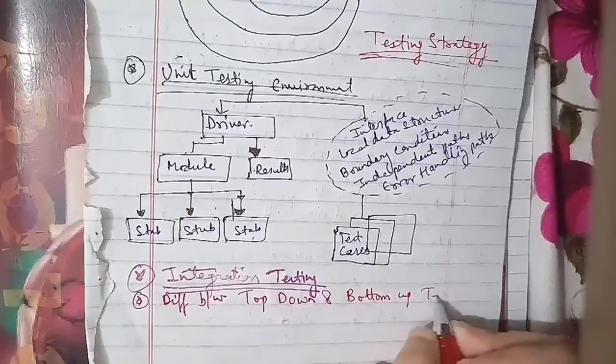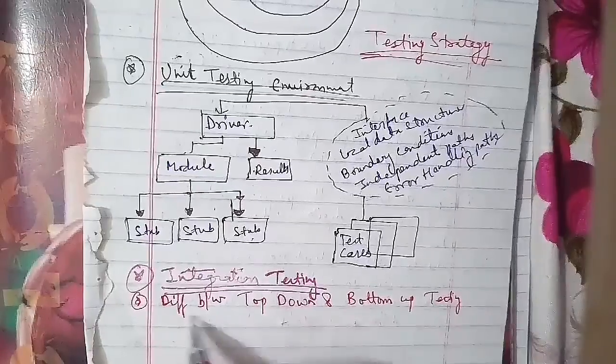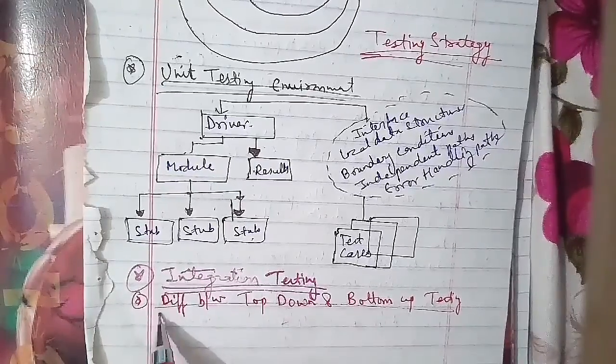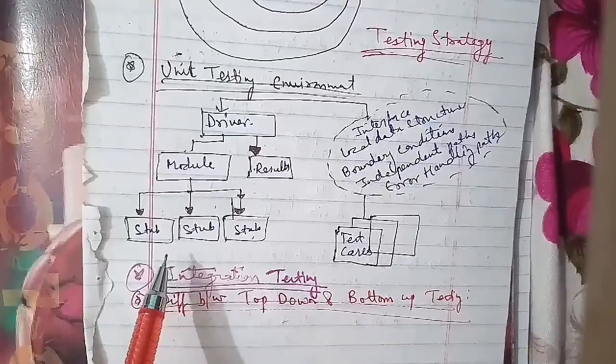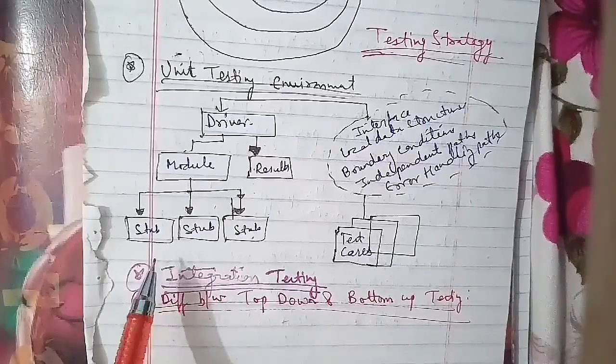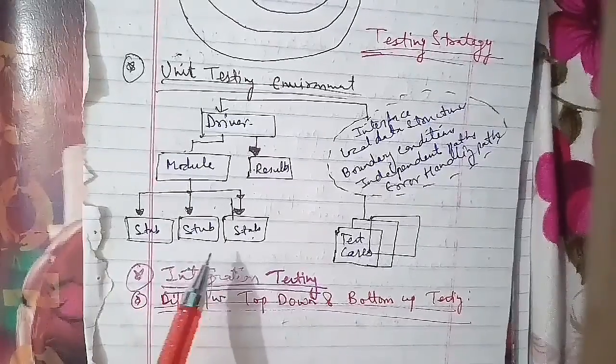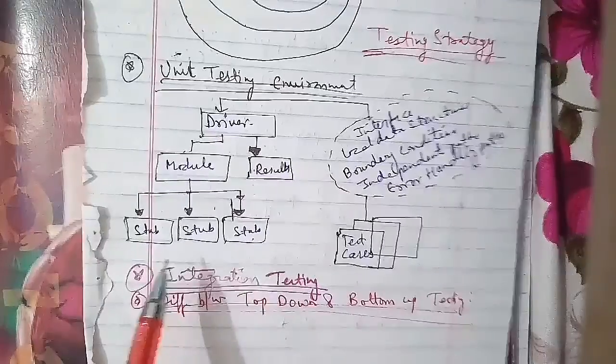The second difference is that in top-down testing, testing can be performed from the early stage, while in bottom-up testing, individual components can be tested at a higher level, but after the integration of low-level components into a cluster, testing is required.